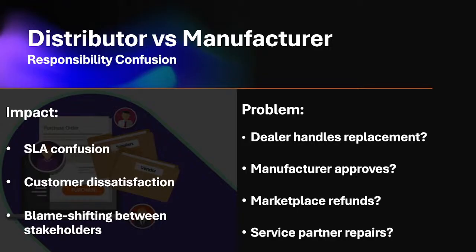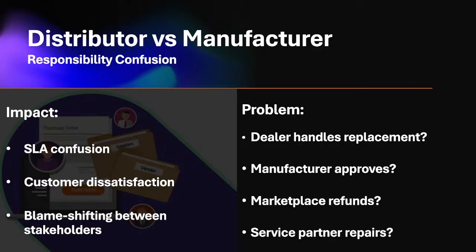When the customer claims the warranty, the dealers handle the replacement, but they require approval from the manufacturer, that is our client. Once it is approved, only then will it be replaced. In the case of marketplaces, they are refunding, and the service partners are repairing.